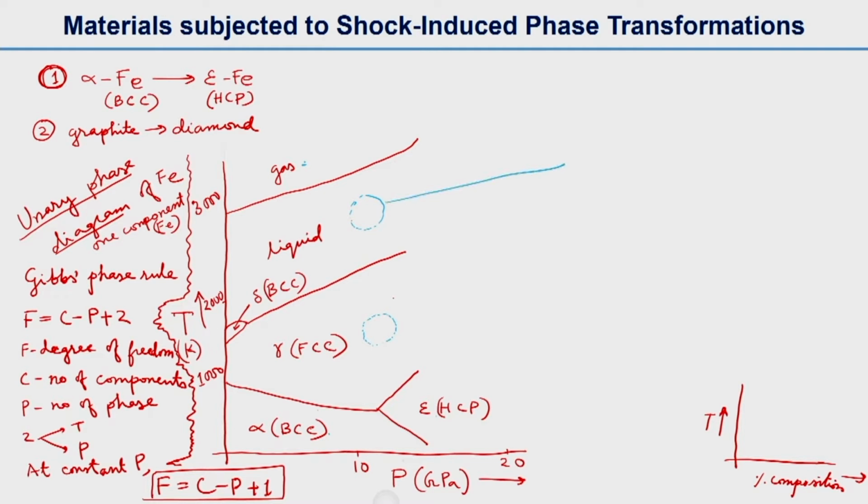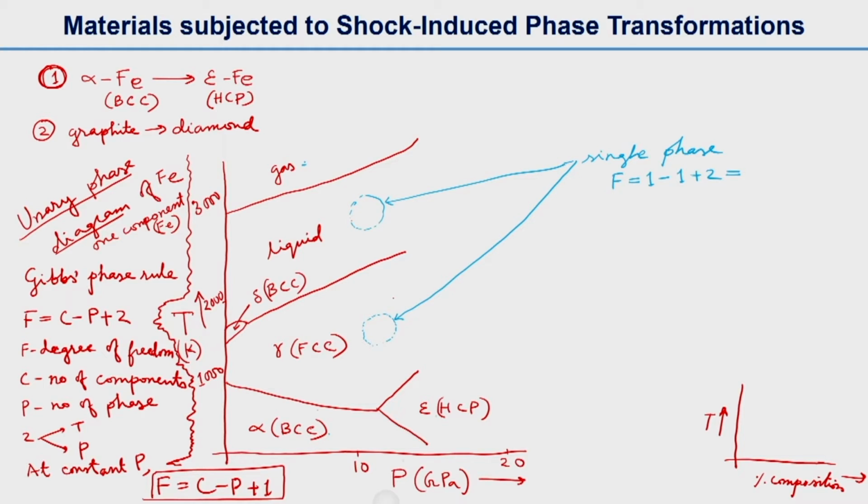But for this illustration we will show only two single phase regions. For these, the number of components is 1 and the number of phases is 1, because we have only the liquid phase or only the gamma phase.